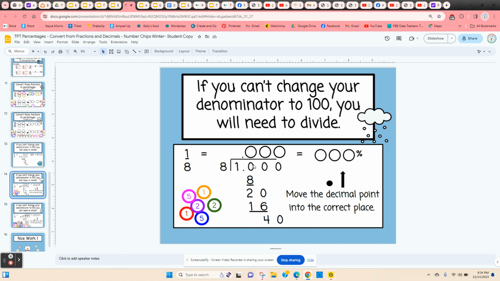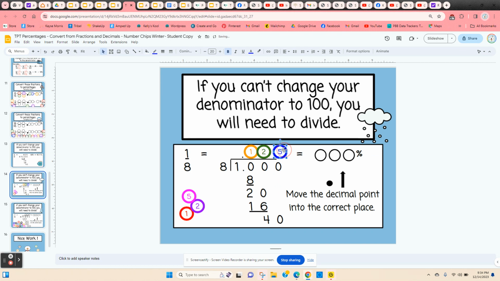So here 8 goes into 10 one time, so I'm going to move my 1. 8 times 1 is 8. I subtract, I get 2, bring down 0. 8 goes into 20 2 times. 8 times 2 is 16. Subtract, I get 4, bring down a 0. I have 40. And then 8 goes into 40 evenly 5 times.